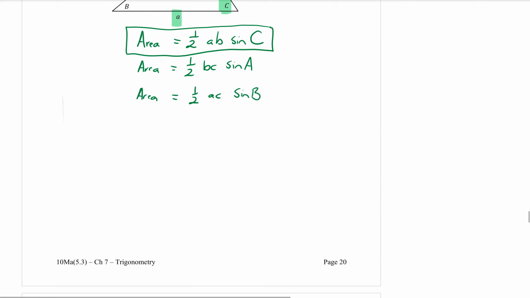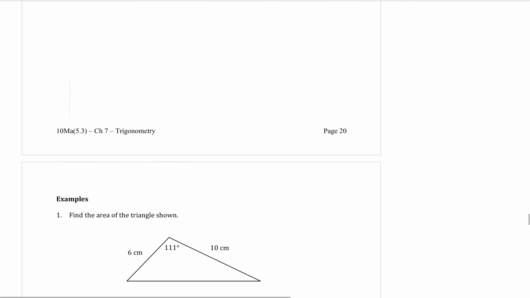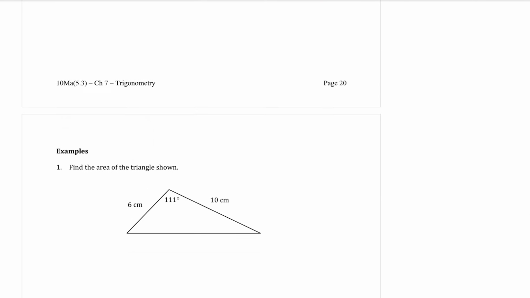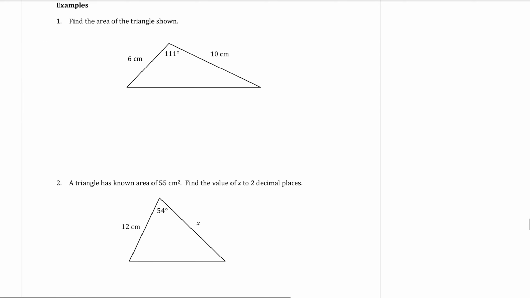Okay, so on the next page, it says find the area of the triangle shown. Now there's no labels on this triangle, so I can use whatever labels I like. I'm going to write my formula down first. Area equals, the top one that I put the box around was half AB sine of capital C. So I like to start with the angle.